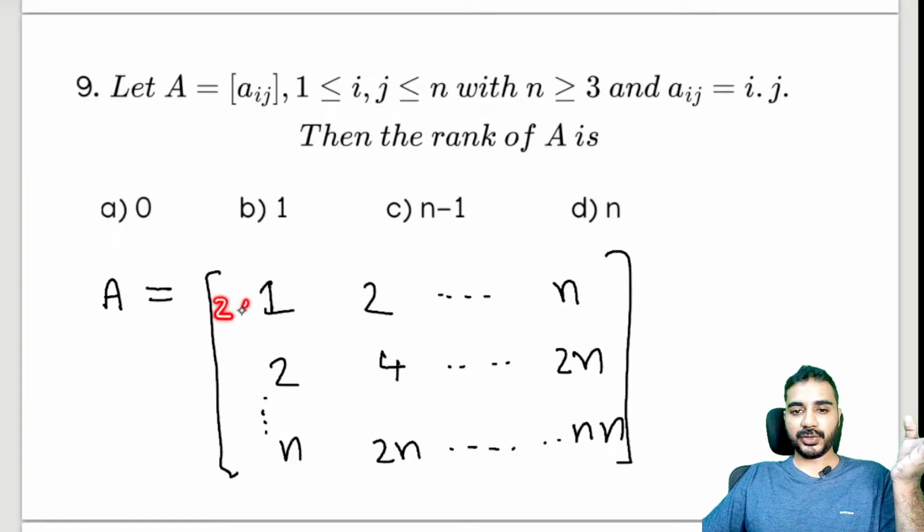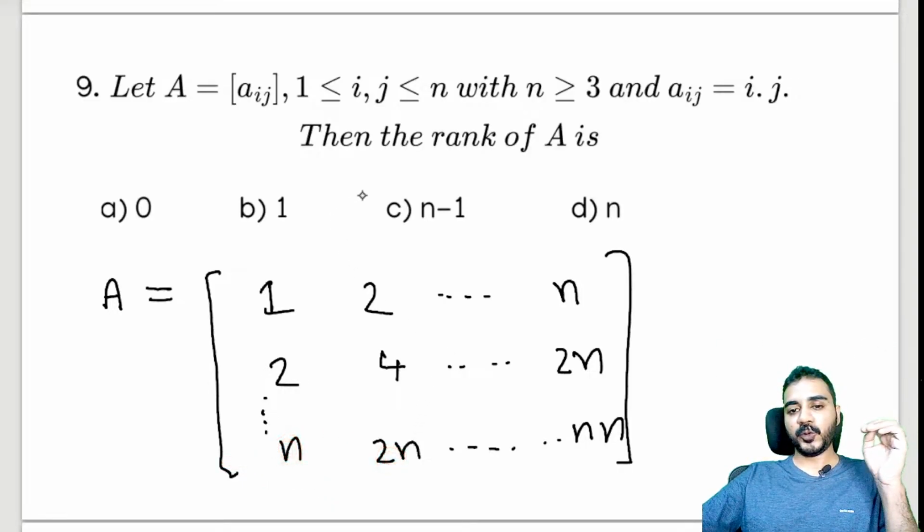If I multiply 2 to all these elements, it is equal to the second row. And consider this nth row. In the nth row, if I multiply n with the first row and subtract that from the nth row, we will be getting 0 here.